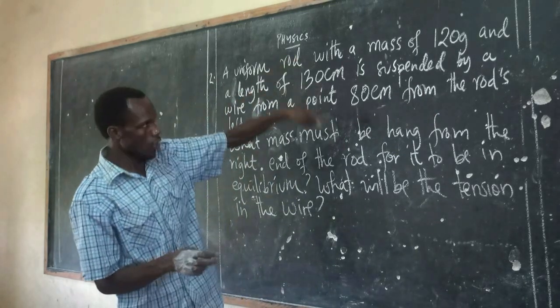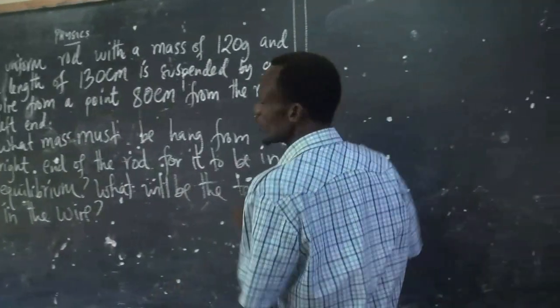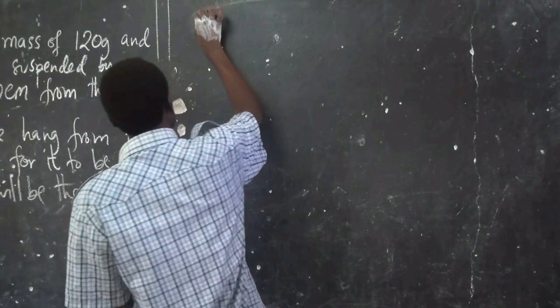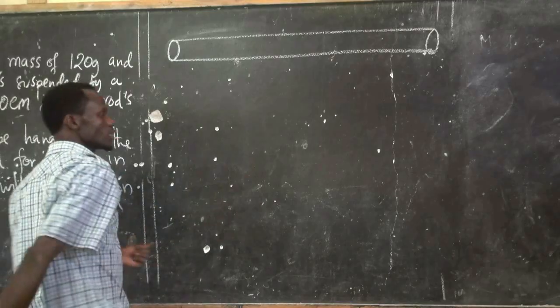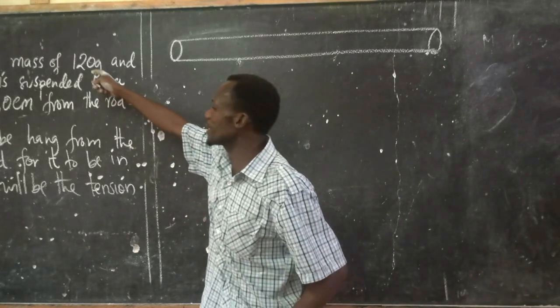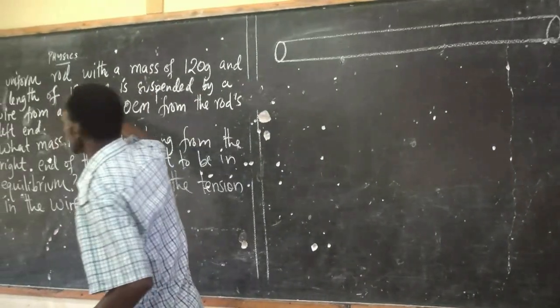A uniform what? Rod. A rod which is uniform. As I said before, this is a uniform rod. The rod is 120 gram and the length is 130 centimeter.